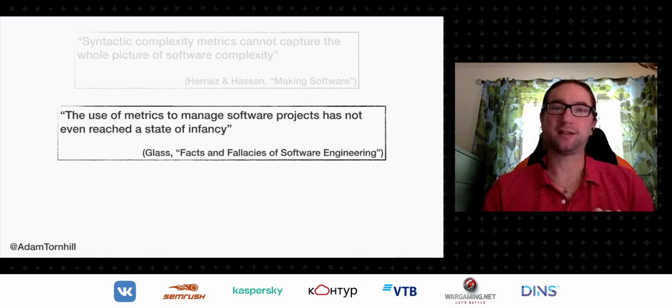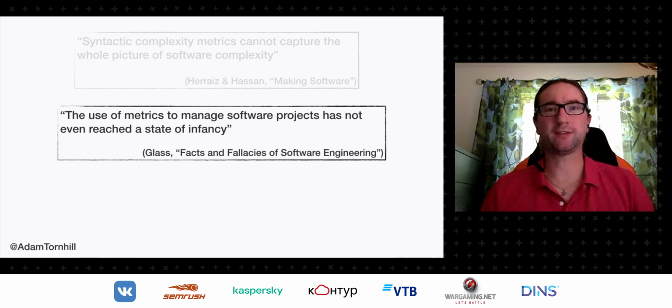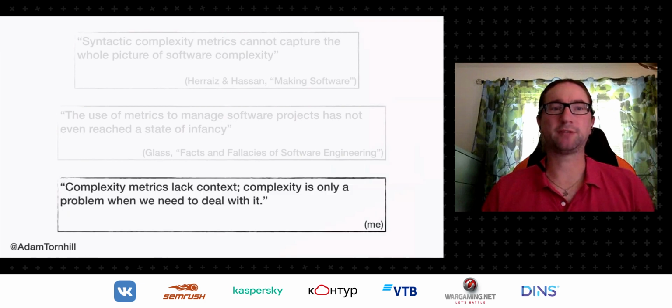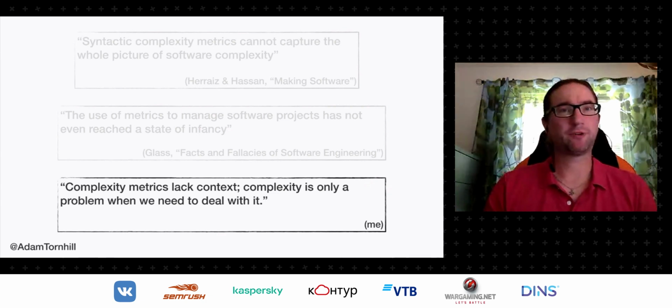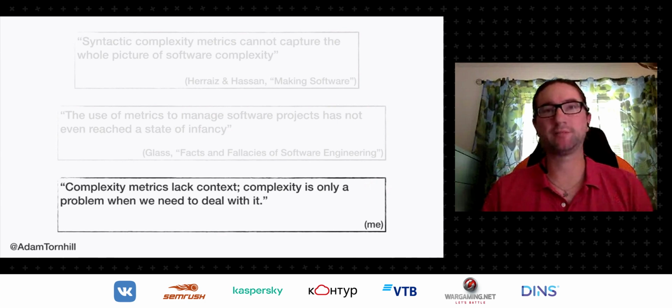And I like to add and weigh in myself on this discussion of how good complexity metrics are. Because one thing I've seen over and over again is that the problem I have with complexity metrics is that they lack context. What do I mean by that? Well, what I'm referring to is that complexity is really only a problem when we need to deal with it.